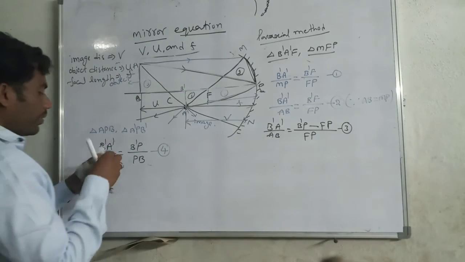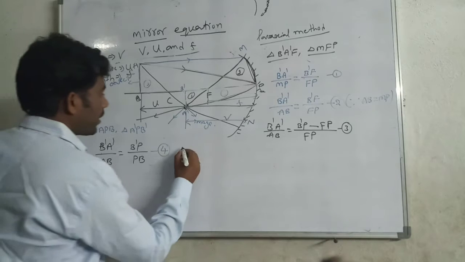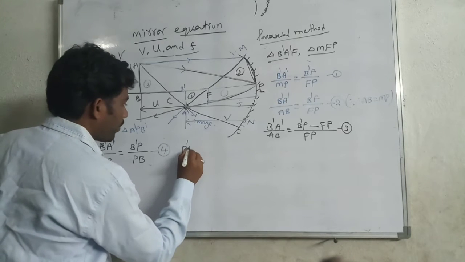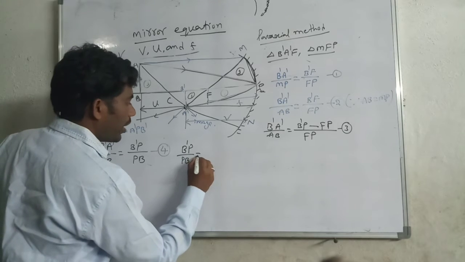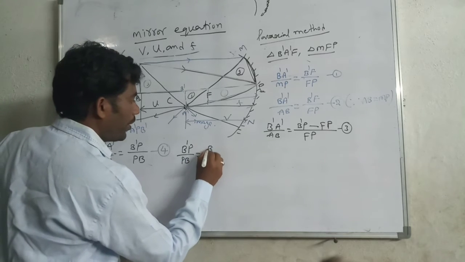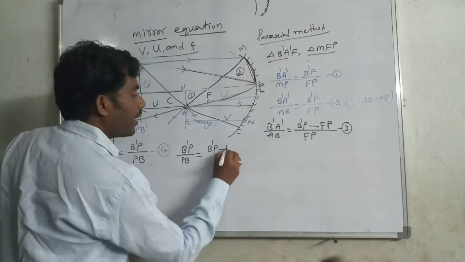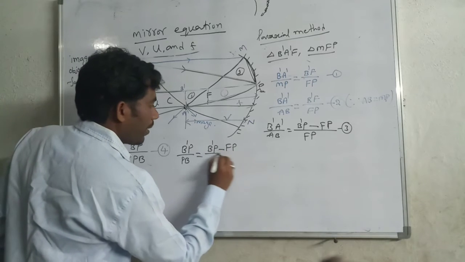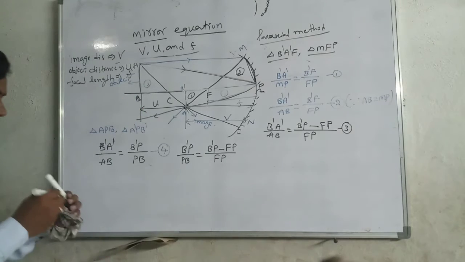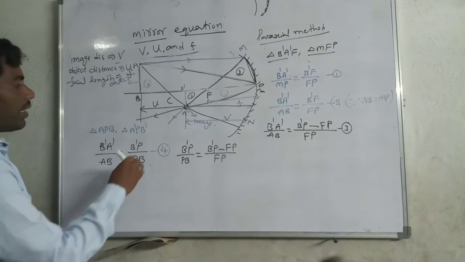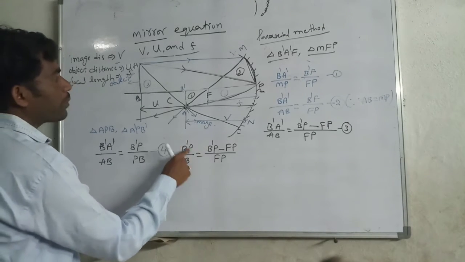So we will rewrite it as B dash P by PB equal to B dash P by FP. What is the value of B dash P?